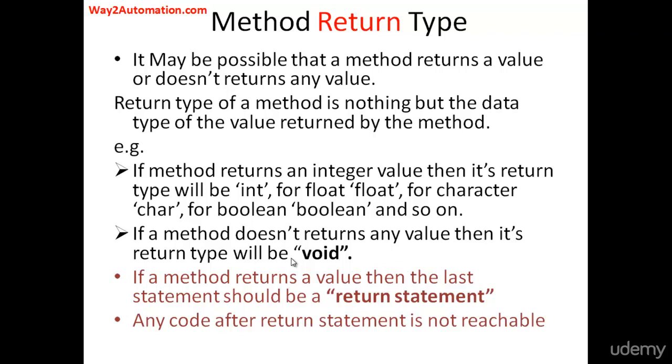If a method does not return anything, then that method should be a void method. If a method is returning a value, then the last statement of the method should be a return statement, and any code after the return statement is not reachable. So you should not write any other statement after the return statement. It has to be the last statement of that method.